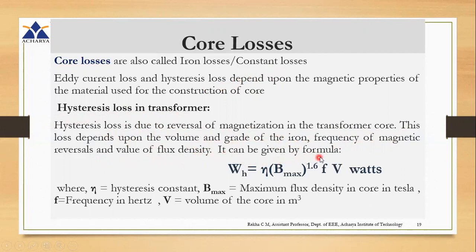It is given by the formula WH equal to eta B max to the power of 1.6 F into V, where eta is the hysteresis constant, B max is the maximum flux density in core in Tesla, F is the frequency in Hertz, V is the volume of the core in meter cube.